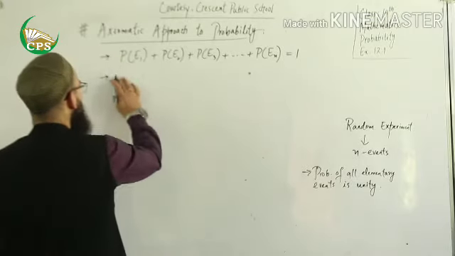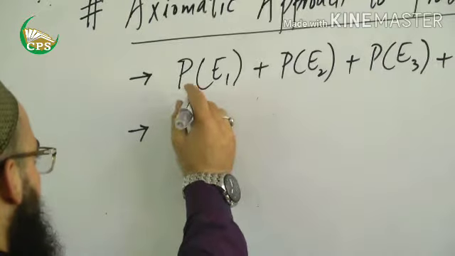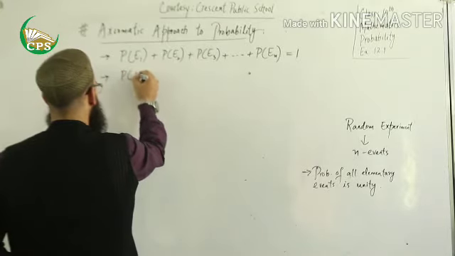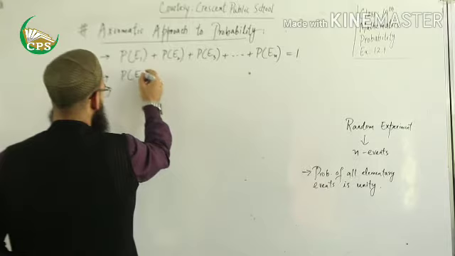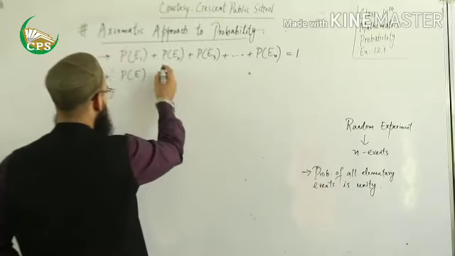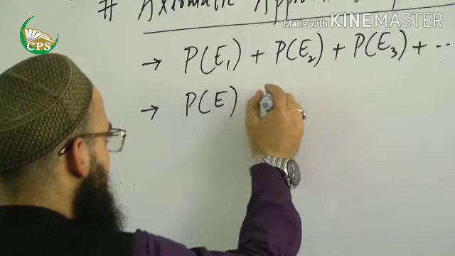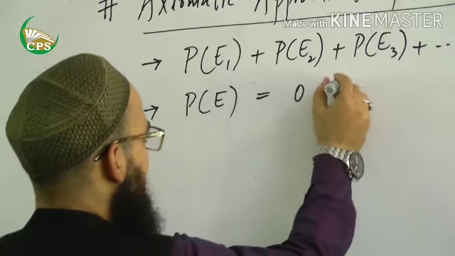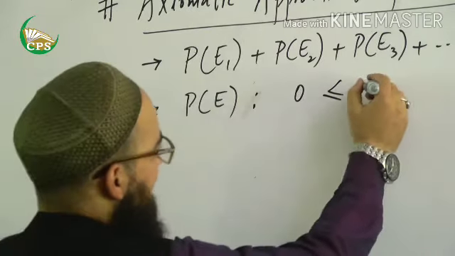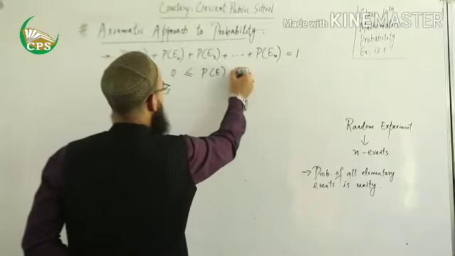Now point number 2 is the range of probability. For some event E, 0 is less than or equal to the probability of E, which is less than or equal to 1.